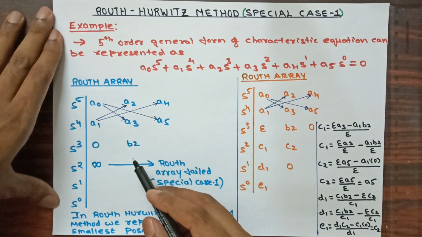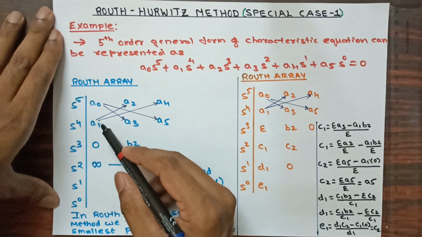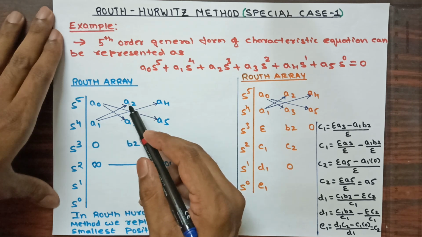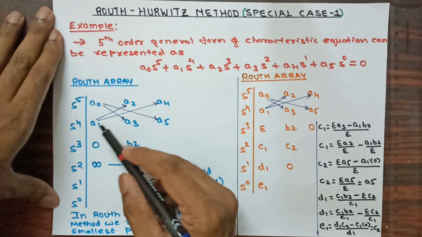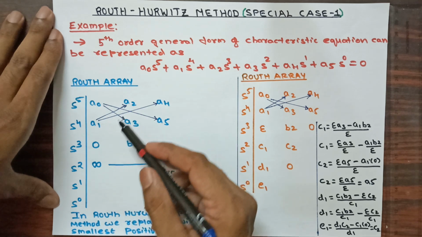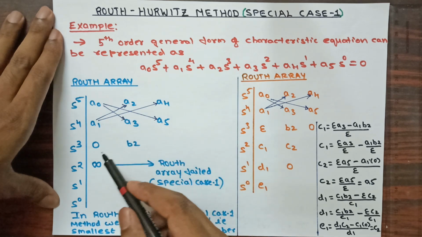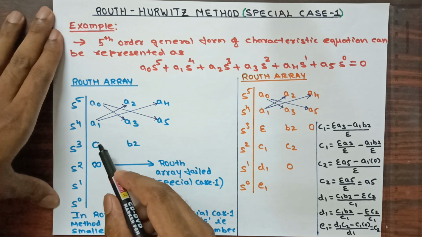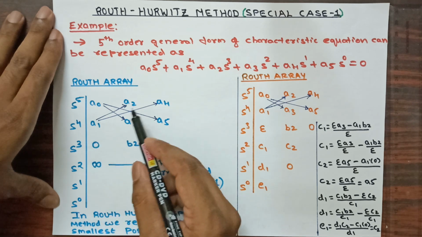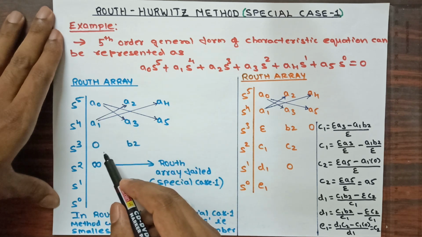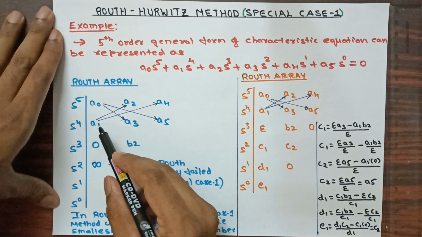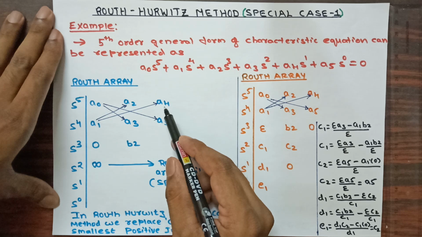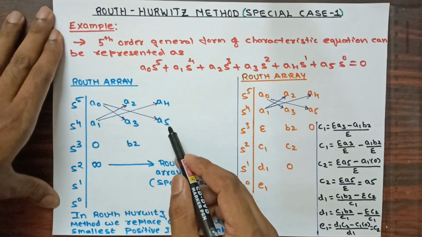Now to get the third row we are going to compute a1 into a2 minus a0 into a3, whole divided by a1. Whatever value we get, we are going to consider in the third row. If we get 0 value when we do this, then the second value is some non-zero value, that is a1 into a4 minus a0 into a5.